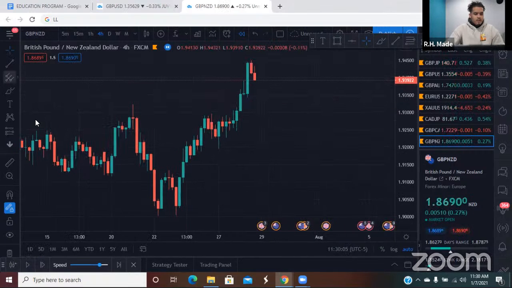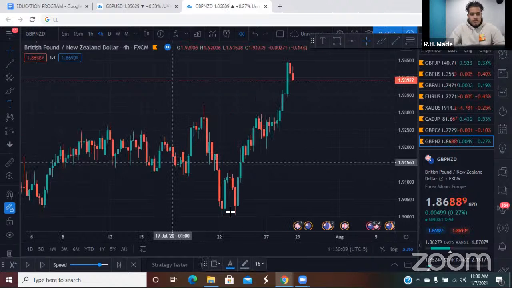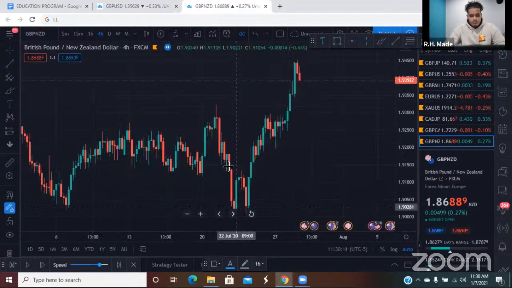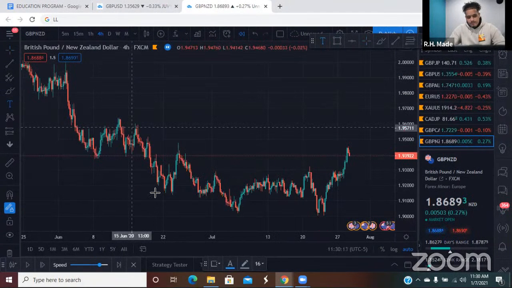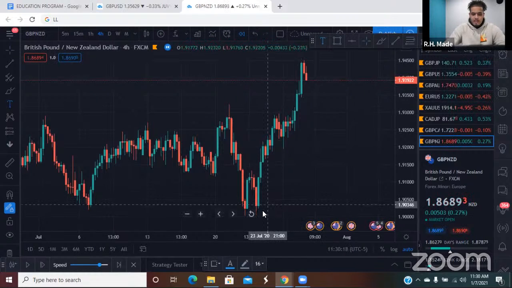Right here was on a downtrend, was making sequences of lower lows and lower highs.